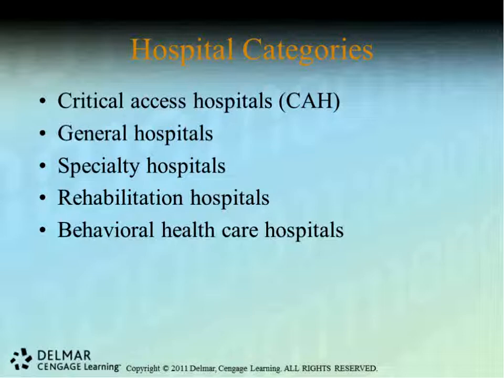Your rehab hospitals, those are inpatient care, but they have patients in which they're trying to restore their function back to them, get them to some level of function that they previously had. You have also behavioral health care hospitals that deal with mental health diagnoses. Those are the type of patients that they see.